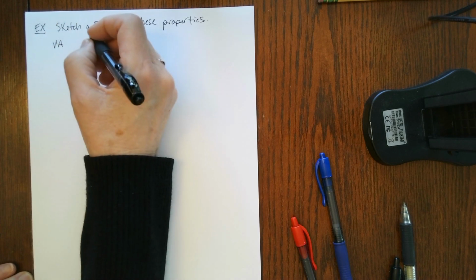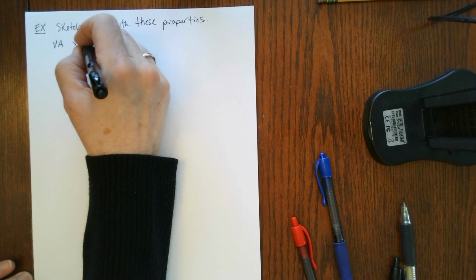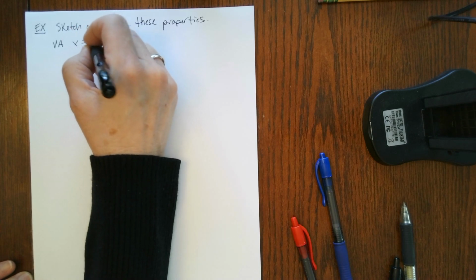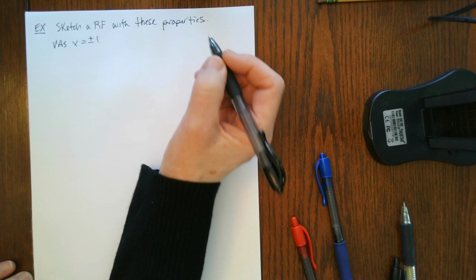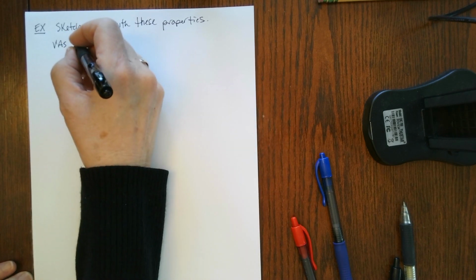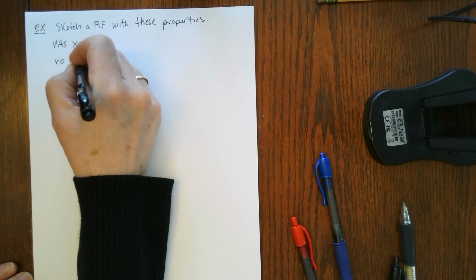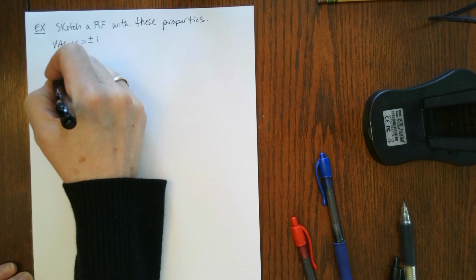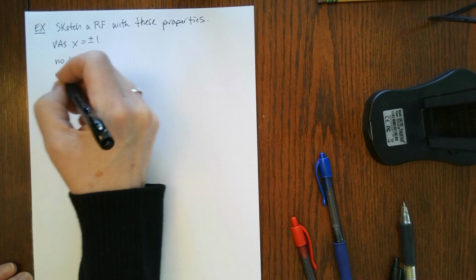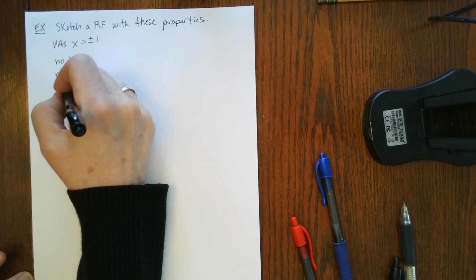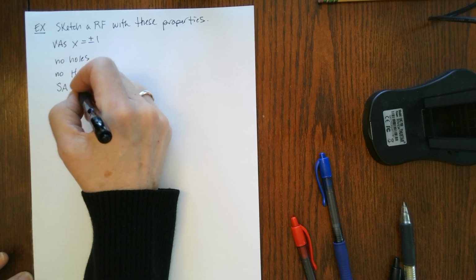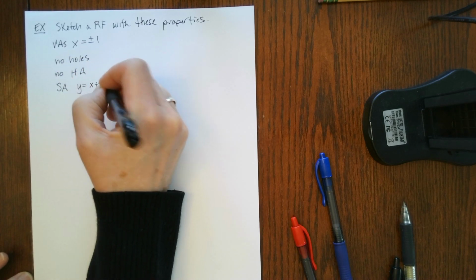Vertical asymptote of x equals plus or minus 1. So there are 2 vertical asymptotes. Let's just say there are no holes. There are no horizontal asymptotes, but there is a slant asymptote of y equals x plus 2.